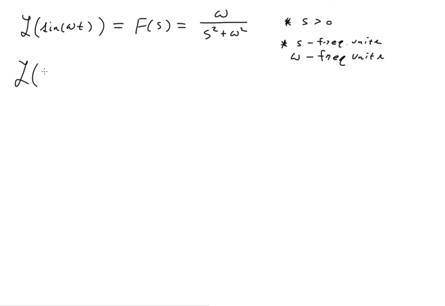So there's a corresponding very similar cosine omega t transform. And that's going to be capital F of s again. One can do the calculation pretty straightforwardly, but I'll just leave it for you guys to do. I'll just list off the result. It's going to be s over s squared plus omega squared, just like before.